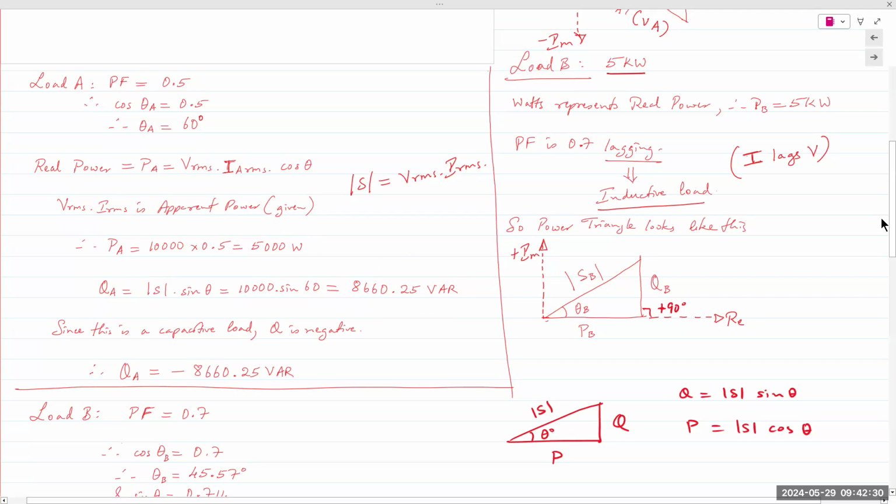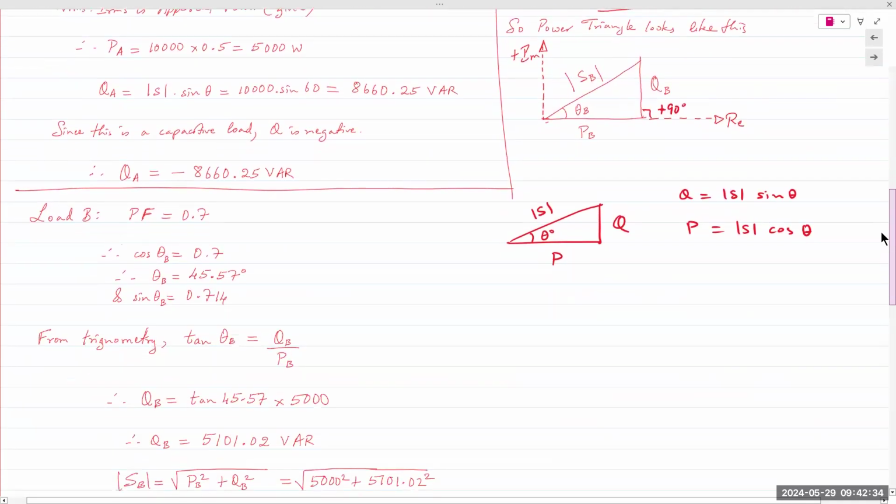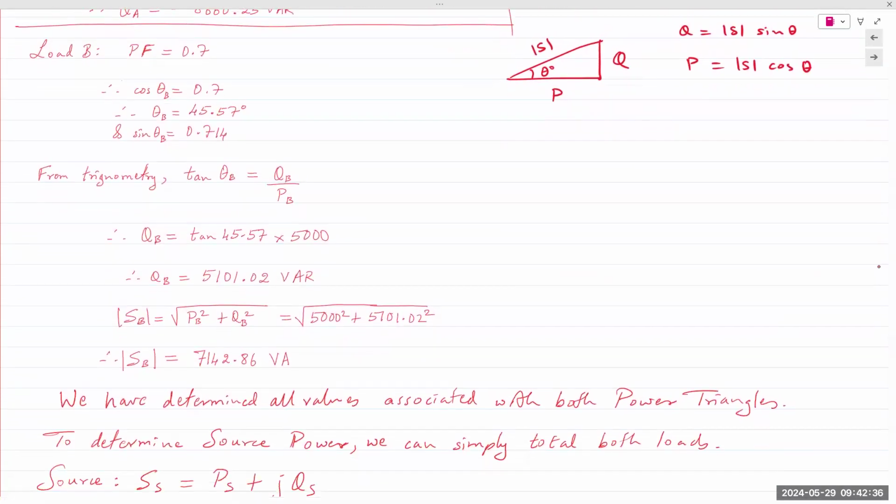We can do the same for element B. Our power factor is 0.7. Cosine of theta is 0.7. So the angle is 45.57. We can again find all the quantities associated with element B by using trigonometric identities.